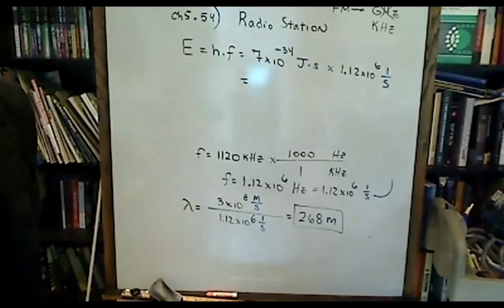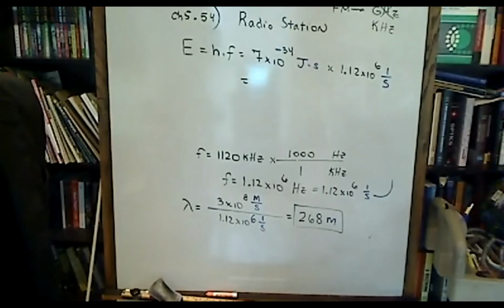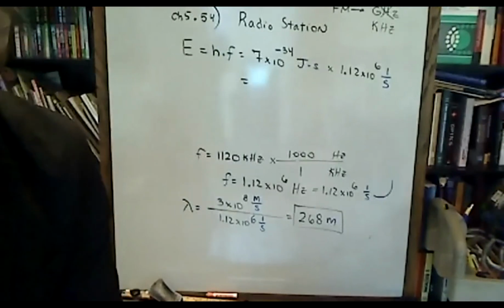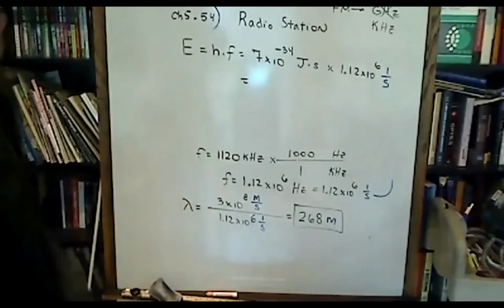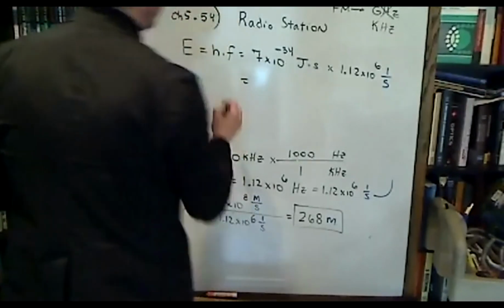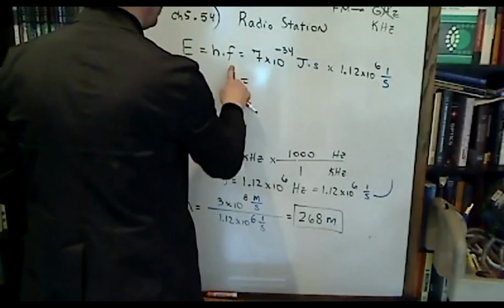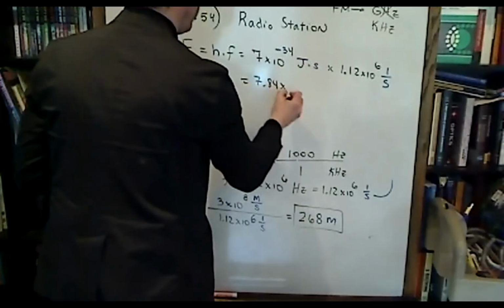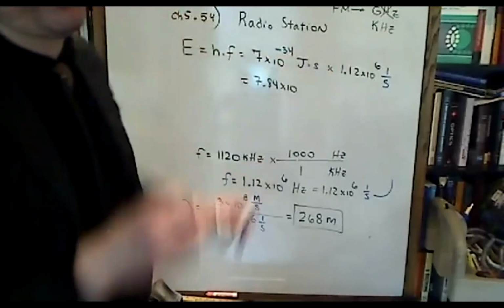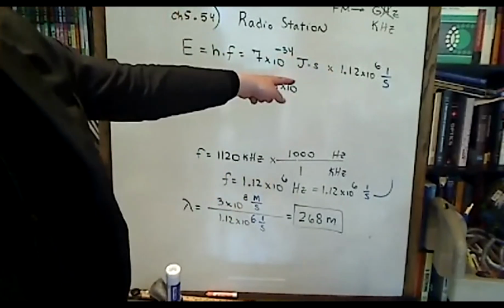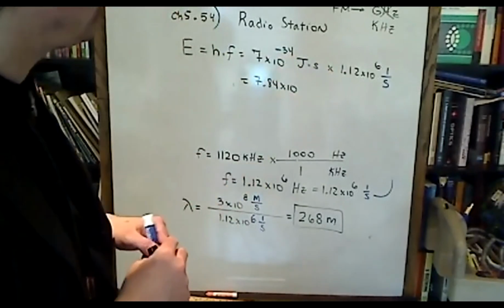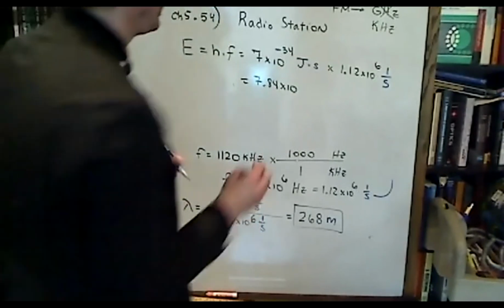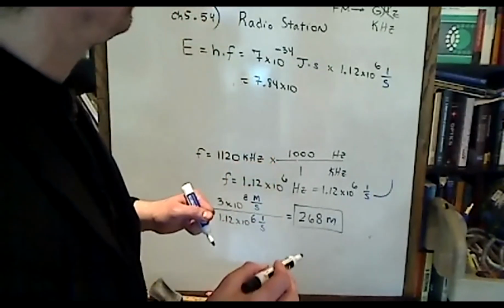What's 7 times 12? 84, right? So 7 times 1.12 is 7.84. Negative 34 plus 6. What is that? I'm faster in my head than you guys are with calculators. Negative 28.